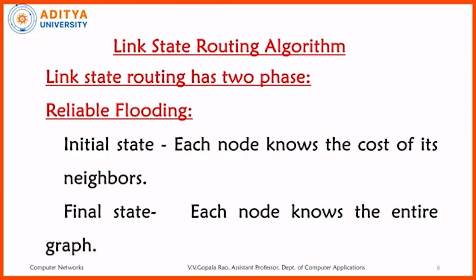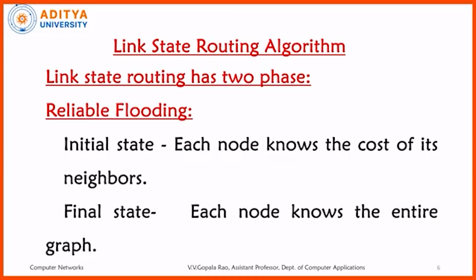But as a matter of this reliable flooding, in the initial state every node is going to know the cost of its neighbors, because the sharing of information is possible in this link state routing algorithm. In the initial state each node knows about its neighbors only, but in the final state every node knows about the entire graph. That means about all the nodes.